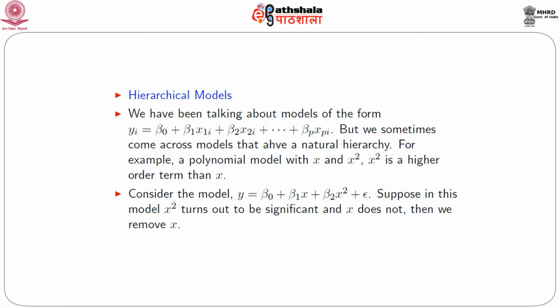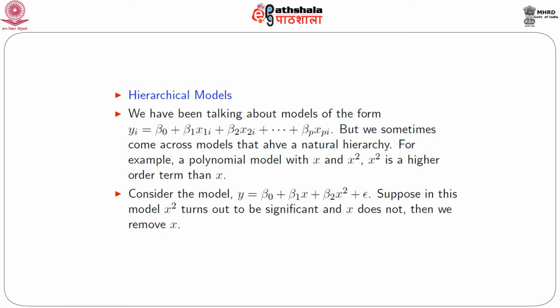Now, let us first talk about hierarchical models. I had just explained the multiple regression model, which is of the form yi equals beta naught plus beta 1 x1i plus beta 2 x2i ... plus beta p xpi plus epsilon. But we sometimes come across models that have a natural hierarchy.